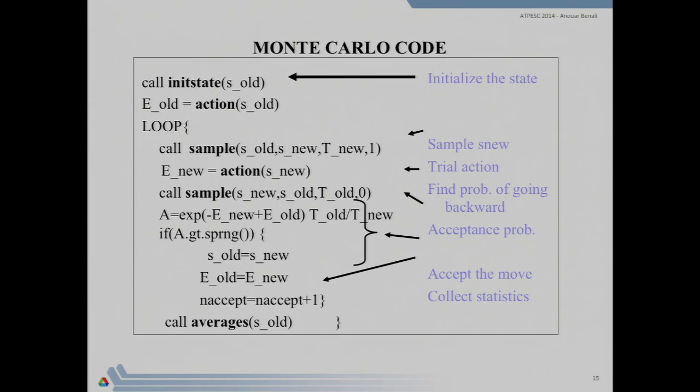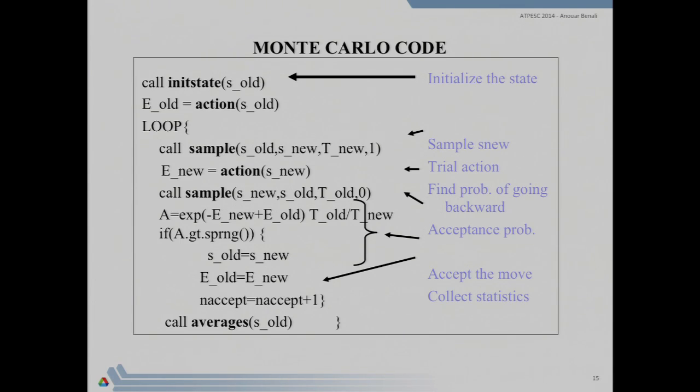We are going to calculate, we're just going to call them the samples here. We evaluate, again, the new energy. We find the probability to go backward to have this reversible Markov chain to make sure that we are past this equilibration time. And then we calculate the new acceptance ratio.